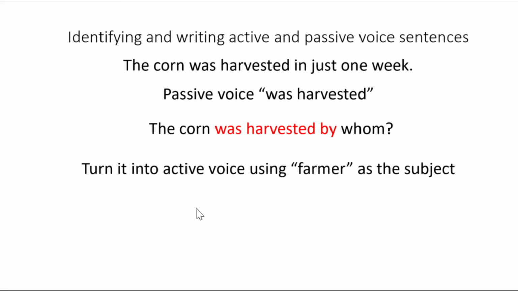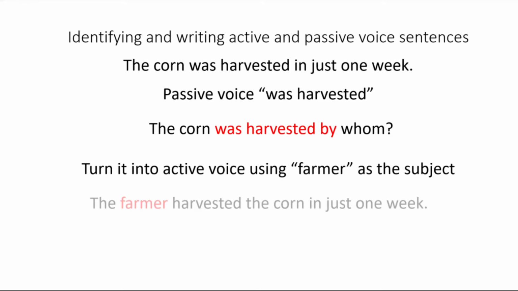So now let's turn this sentence into active voice by using farmer as the subject. Because we don't know who it is, we're just going to replace the subject with farmer. The farmer harvested the corn in just 1 week. So notice that this is more direct, it's cleaner, we know who's doing the action.